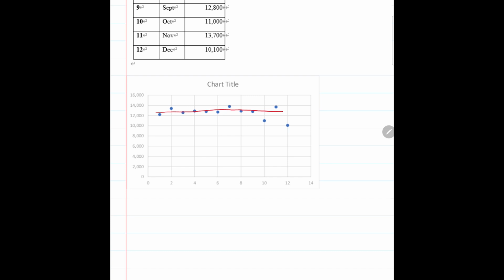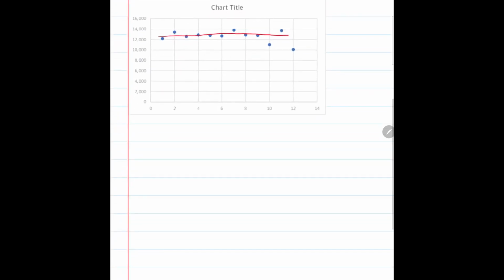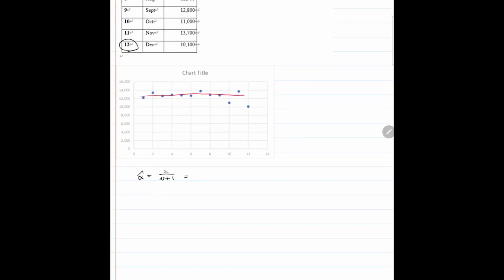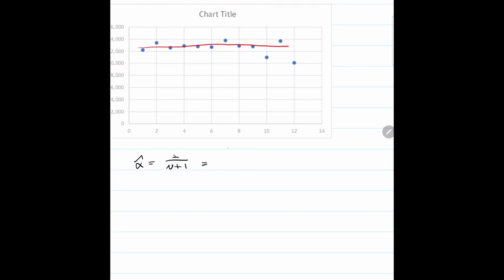First thing, we'll have to find the alpha hat. Alpha hat is going to be 2 over n plus 1, where n is 12, as you see here. So it's 2 divided by 12 plus 1, which comes out to 0.154.